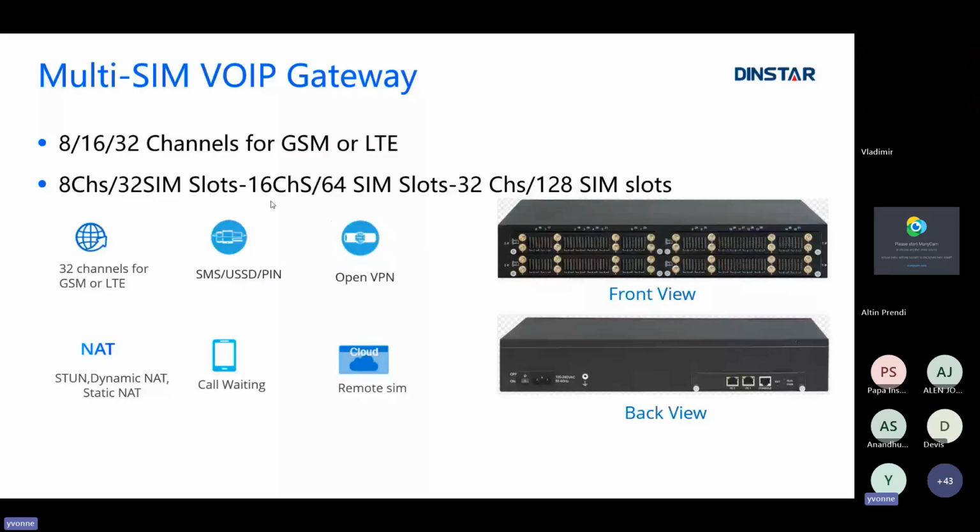We also provide the multi-SIM VoIP gateway, which means one module with 4 SIMs. There are 3 types of it: 8 modules with 32 SIMs, 16 modules with 64 SIMs, and 32 modules with 128 SIMs.